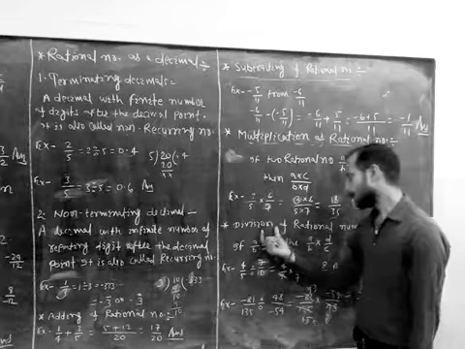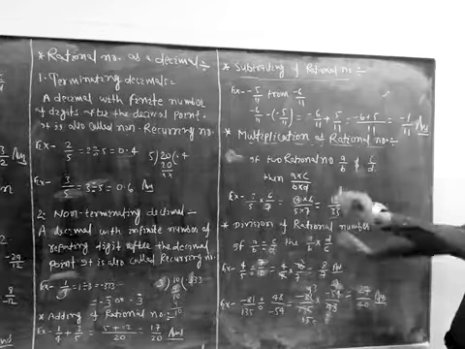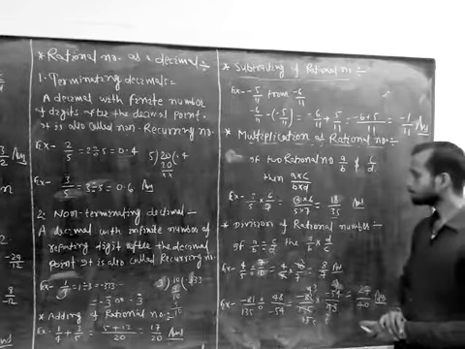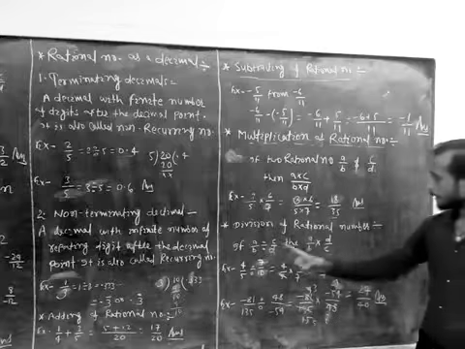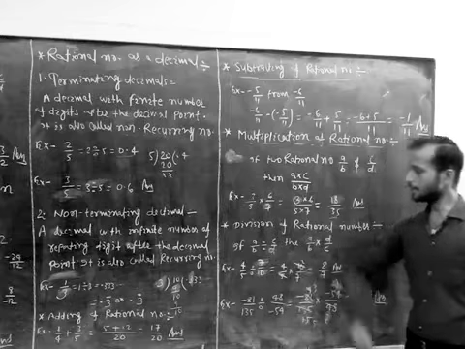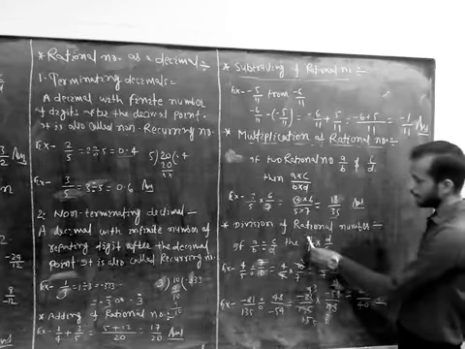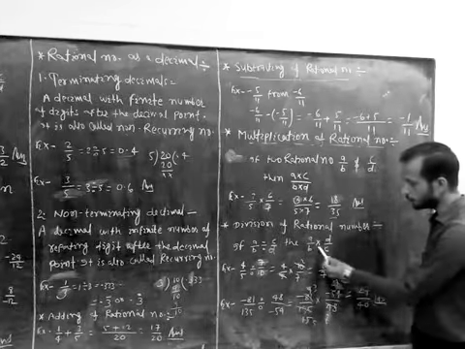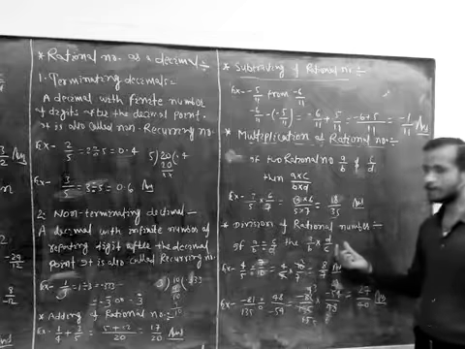Next, division of rational numbers. If a/b is divided by c/d, then it is a/b into d/c.